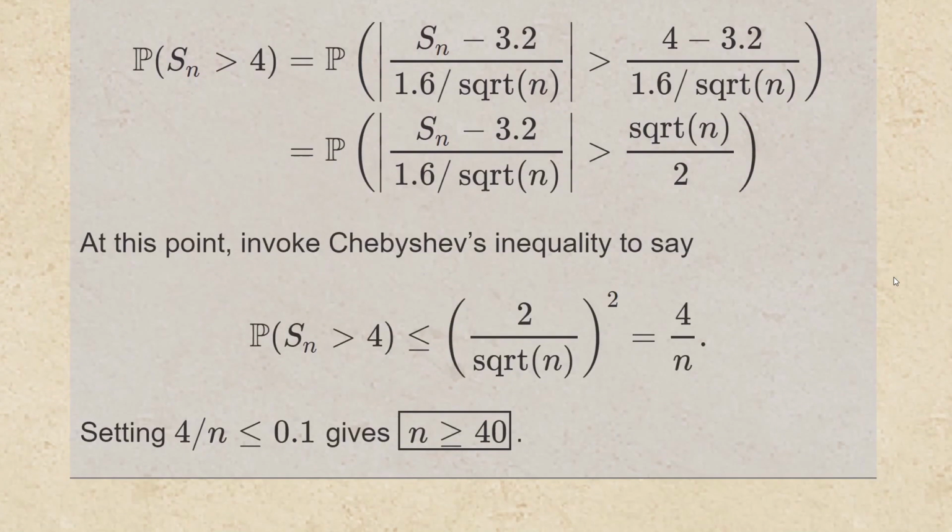We can simplify that expression and then invoke Chebyshev's inequality to say that the probability that S sub n is at least 4 is at most 2 over square root of n squared, which is 4 over n. Setting 4 over n to be at most 0.1 gives that n needs to be at least 40.